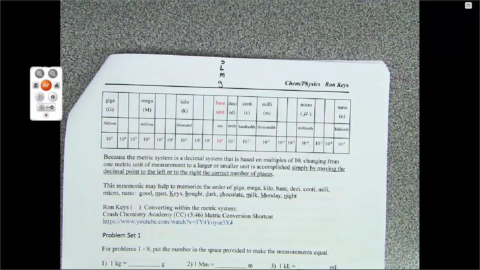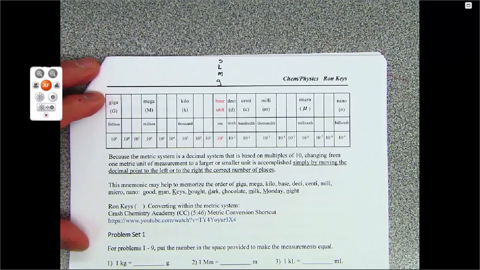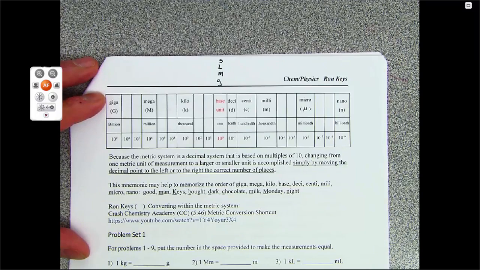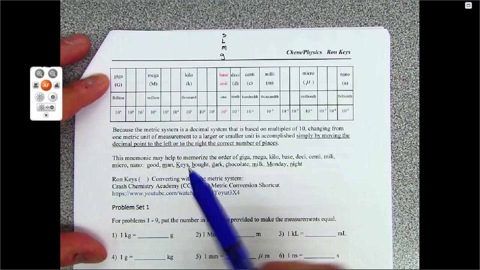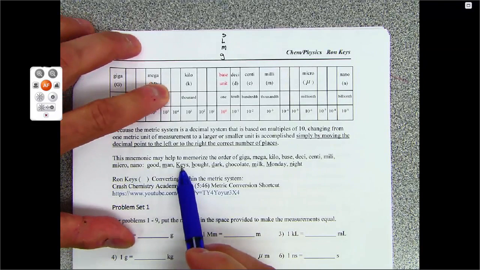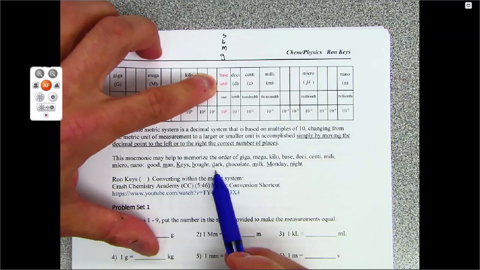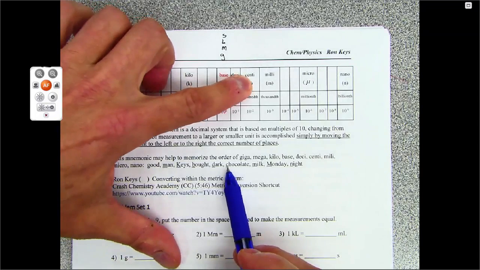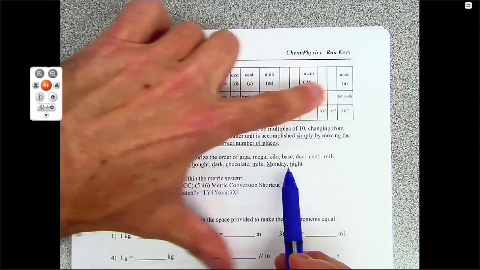So let me show you how to get larger and smaller in the metric system. If you grew up with the metric system, you'd already know some kind of mnemonic, and I did my own, like good man, keys, bought, dark, chocolate, milk, Monday night, something like that.